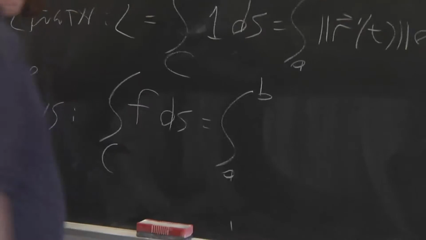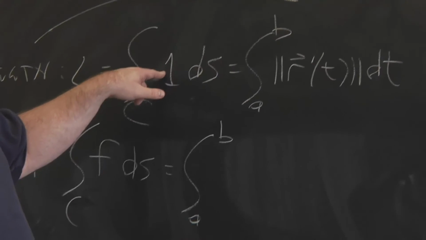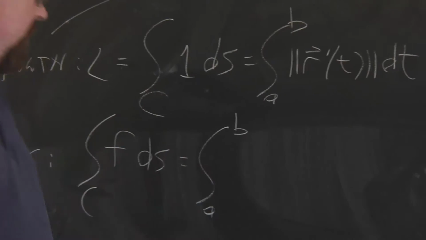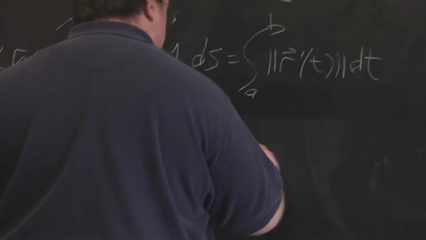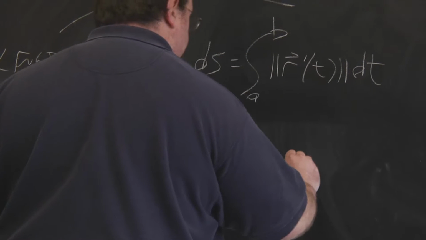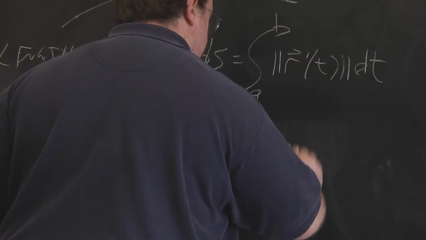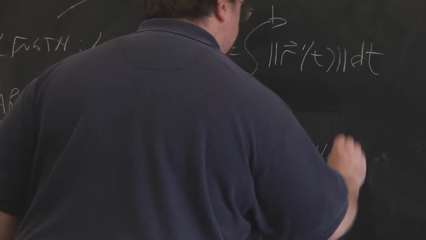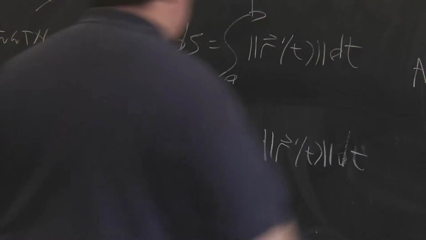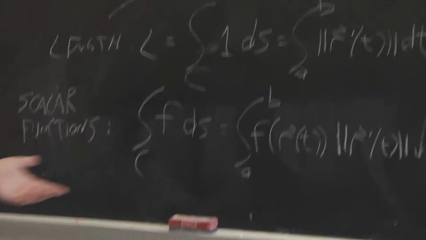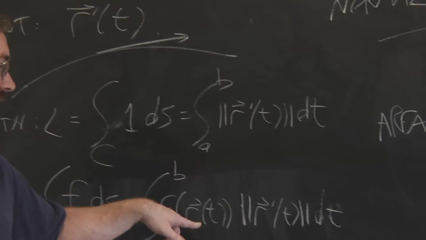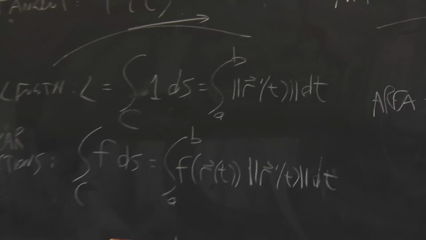And whereas before we had 1 here, now we're going to fill in a function evaluated at your parameterization, x, y, and z of t. And then you still have this factor in here. So the line integral of a scalar valued function is just like computing the arc length, but whatever function you're integrating, you stick that in there. You evaluate it at your parameterization. Right. Now, that's old news.